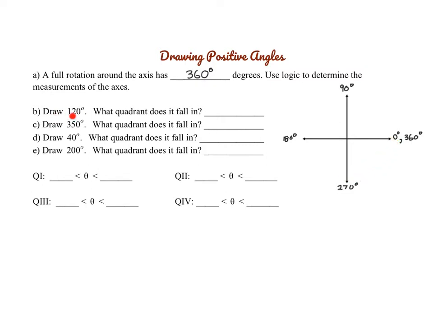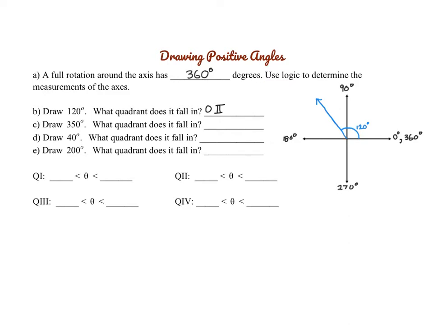So let's start by drawing 120. I can see 120 is between 90 and 180, so it must be in quadrant 2, and we draw it like this. So you can kind of estimate where that would be. And then we connect a little arc from our initial side to our terminal side, and we can label it 120 degrees. You can see that that falls in quadrant 2.